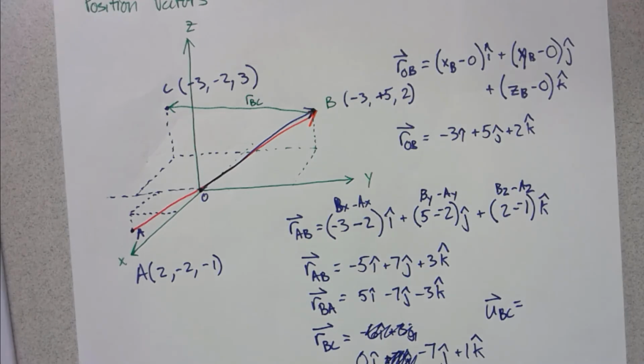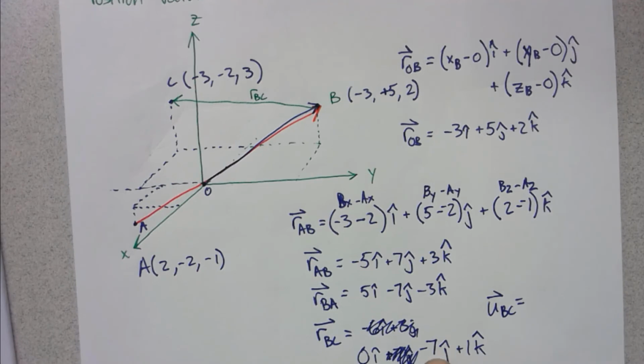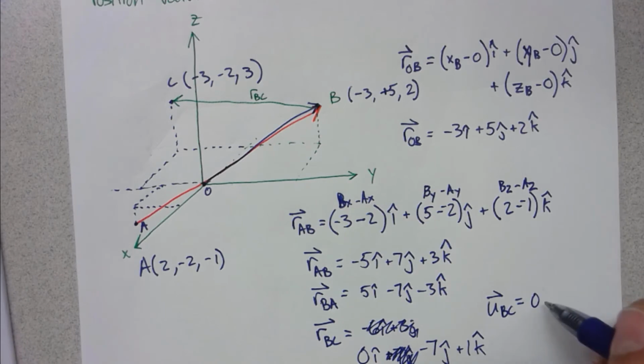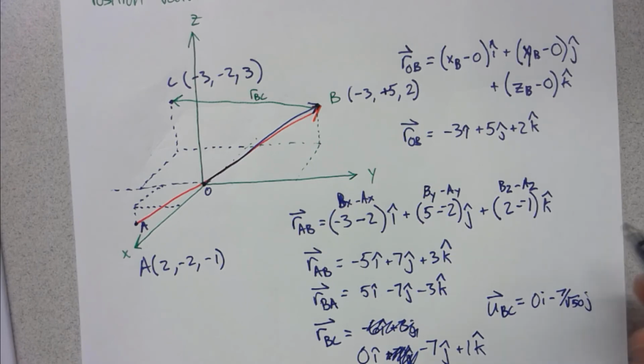Find the magnitude. So the magnitude would be 7 squared, 49, plus 1 squared, that'd be a total of 50, and then take the square root. So it'd be root 50. So the unit vector U_BC is 0 i minus 7 over root 50 j plus 1 over root 50 k.